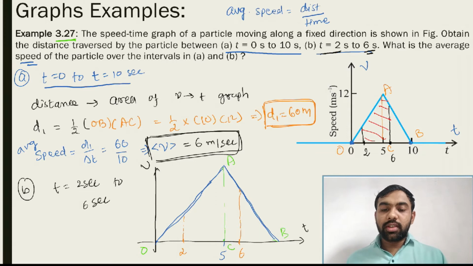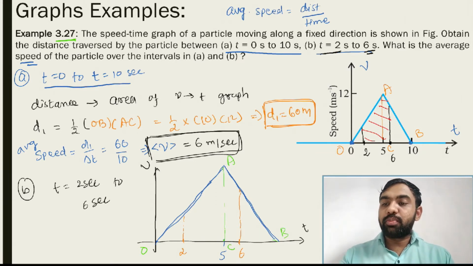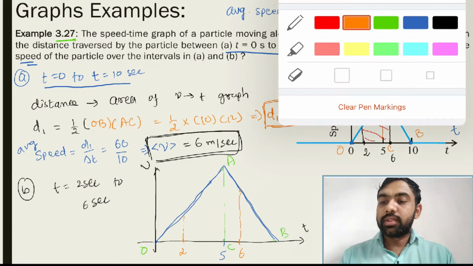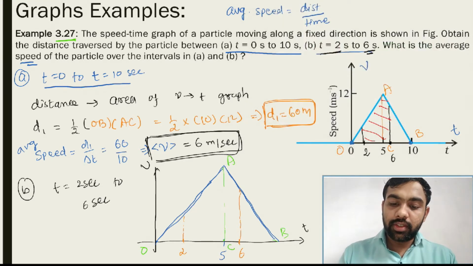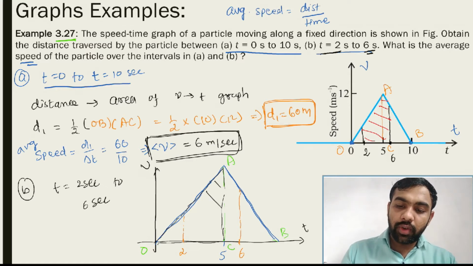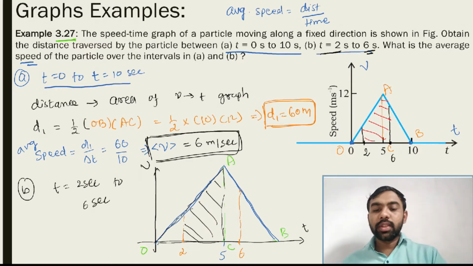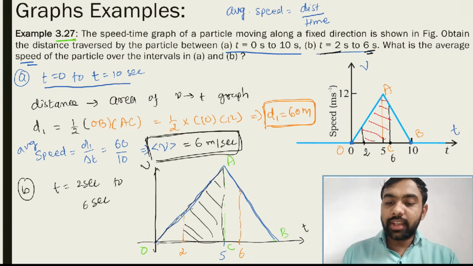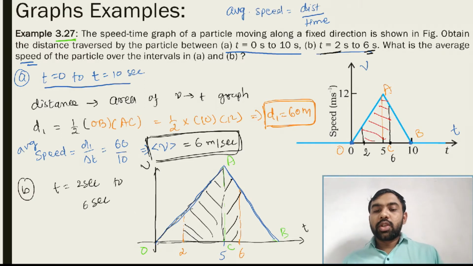You just consider these two sections. That is the first section, so you have to find this area. And you consider the second section, where you have to find this area. You do this operation separately, and then we take the summation. First we consider the triangle OAC.